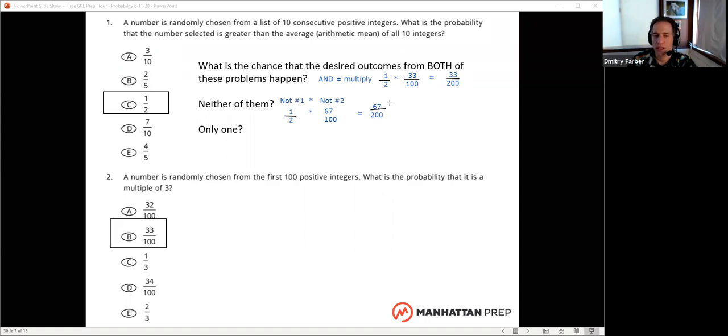Another 67 will have neither of the answers I want. So then what would that mean the chance would be that we get exactly one outcome? So how would we calculate? I'm seeing a lot of interesting answers, and they're different answers, right? But how would I calculate that? How would I know what the chance is of getting exactly one?